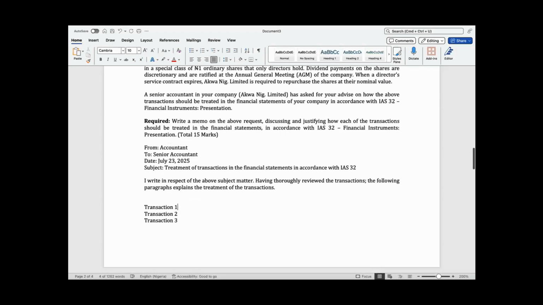So first is this: non-redeemable preference shares are instruments where the entity or the issuer has no obligation to pay back the principal amount invested.